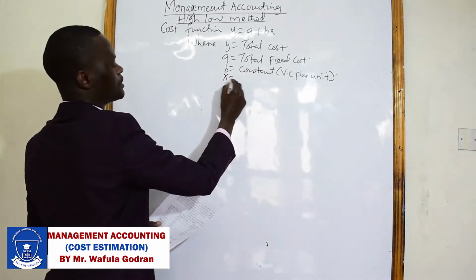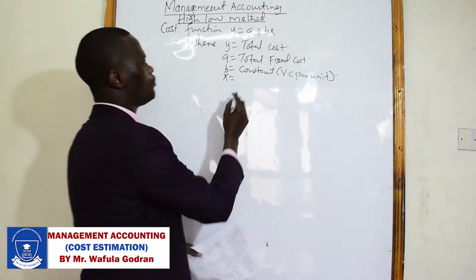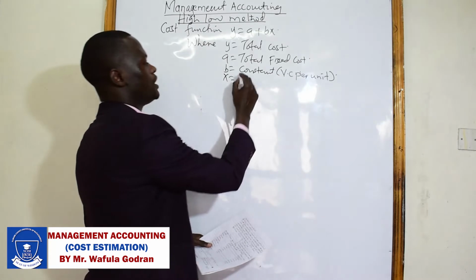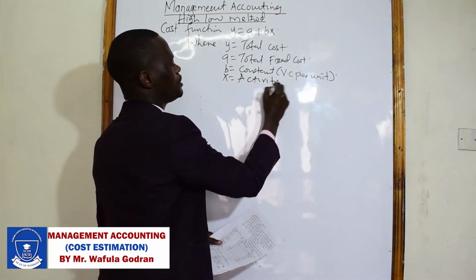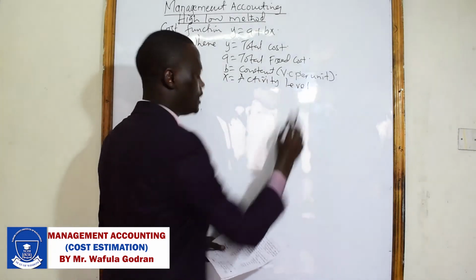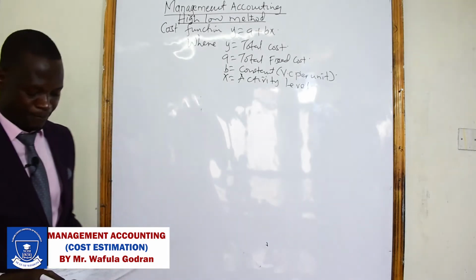Then we have x, which is the activity level that we have picked. That is what we said last time.